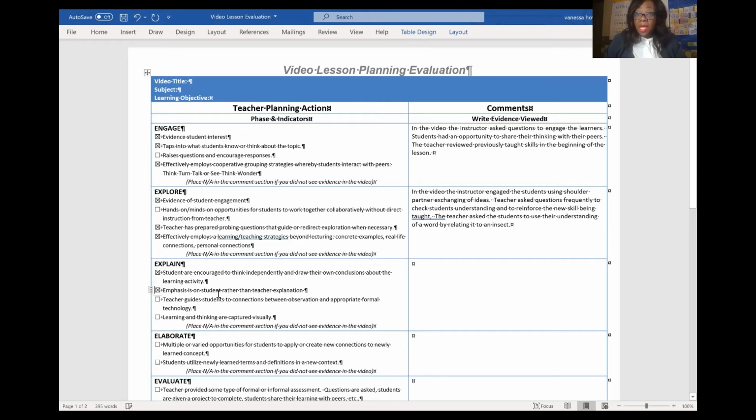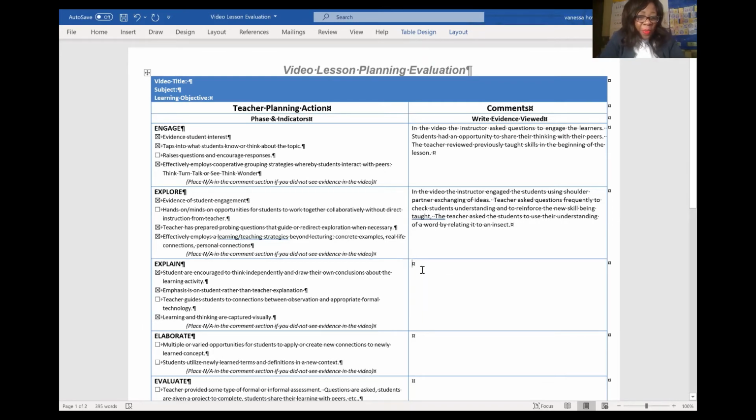I taught them the concept and I let them use the word meaning of their choice to explain their understanding of the word to increase their personal vocabulary. Teacher guides students to connect between observation and appropriate formal terminology. No, you didn't observe that. Learning and thinking are captured visually. Yes, it was.